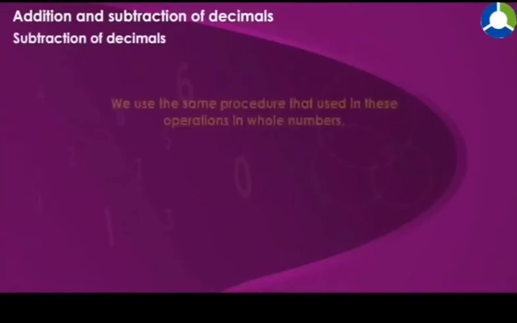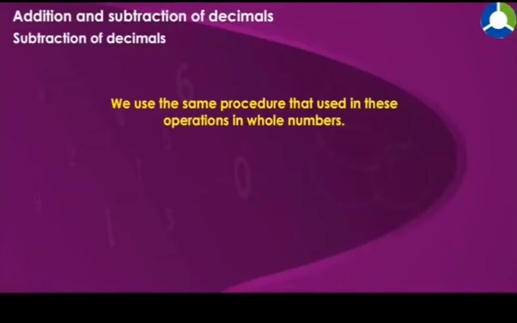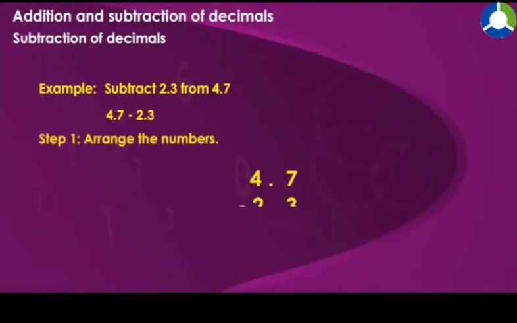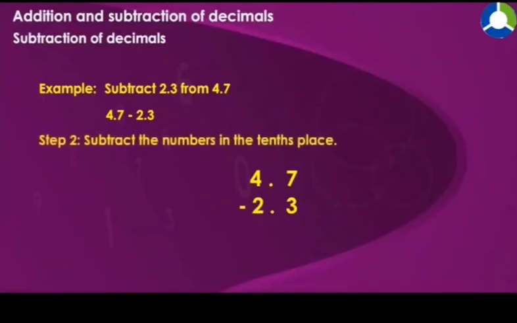Now children, let us try to understand subtraction of decimals. We use the same procedure that we used in these operations in whole numbers. Let us see an example. Subtract 2.3 from 4.7. 4.7 minus 2.3. Step 1, arrange the numbers. Step 2, subtract the numbers in the tenths place.